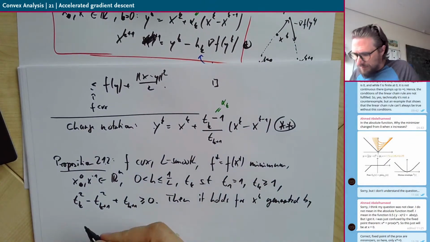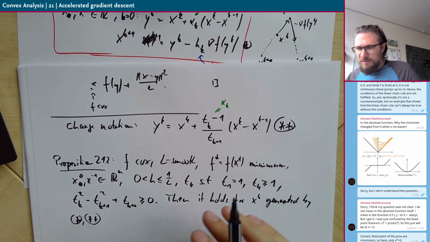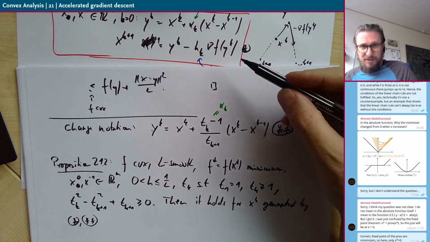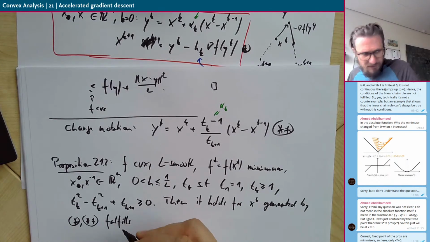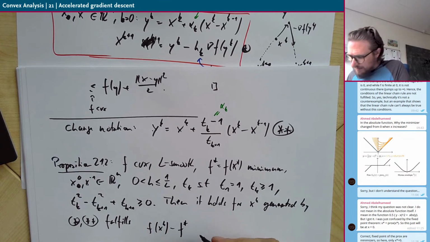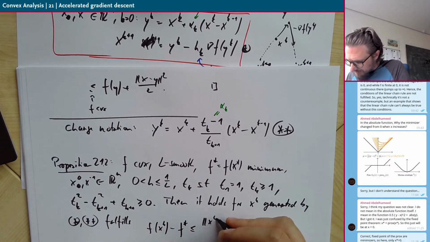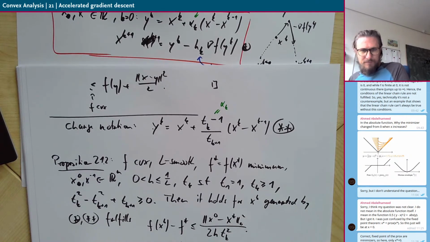So for xk generated by these two things, extrapolation and gradient step, it holds that the function value at the kth iterate minus the smallest one is bounded from above by the initial distance to the minimizer, and then here comes 2 times the step size times tk squared.